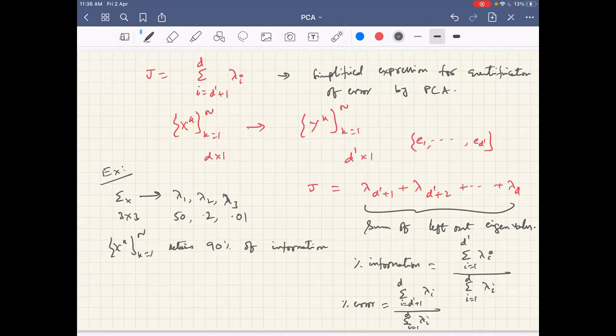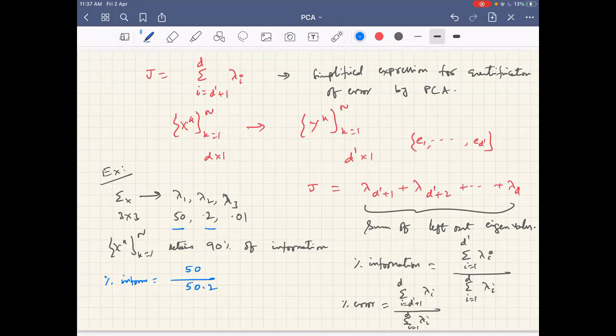Okay, so now given this, how many dimensions should I consider? Should I consider only one dimension to project, or 2 dimensions, or 3? Let us calculate the percentage of information if I project onto a single dimension, that is, the first eigenvalue I consider. So the scatter in that first eigenvalue is accounted for, but the second and third eigenvalues are not considered, so the scatter in those dimensions is not considered.